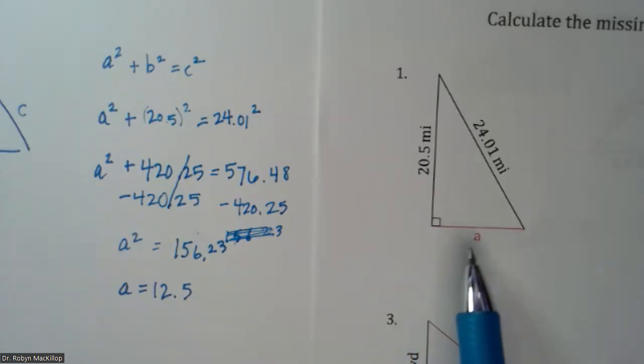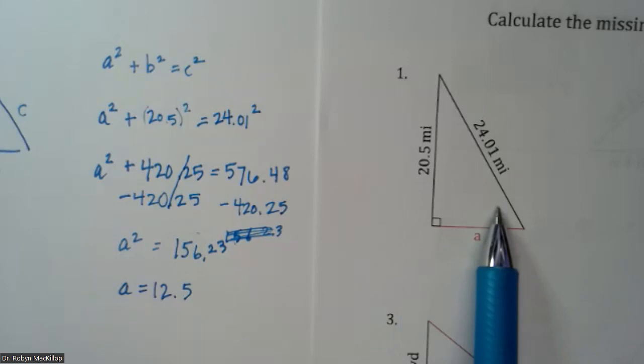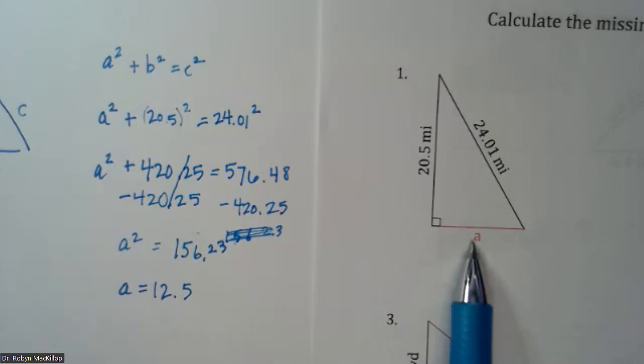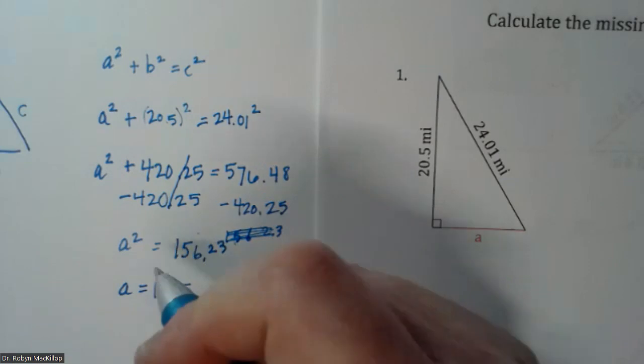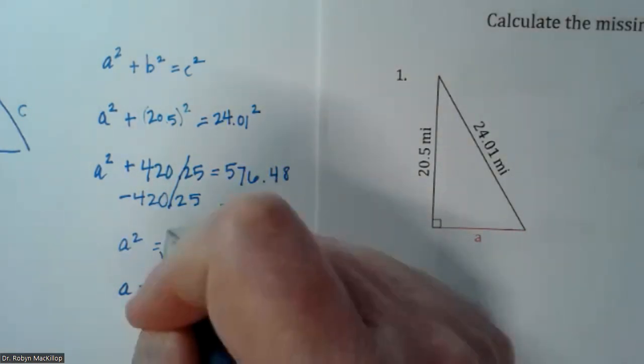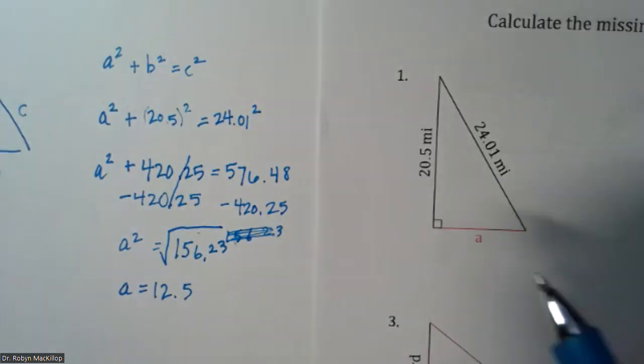But looking at this triangle, that 156 is way too big, isn't it? Because we've got a 20 and a 24. So we have to find the square root of 156. That's when we use the calculator and this little sign, and that gets us 12.5.